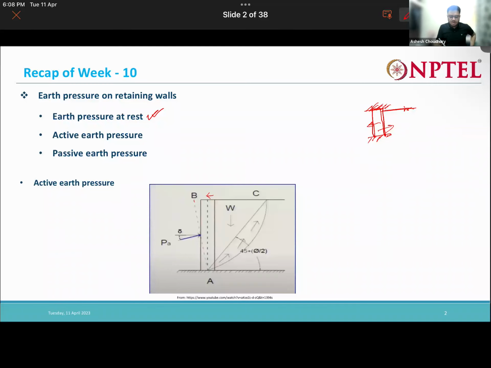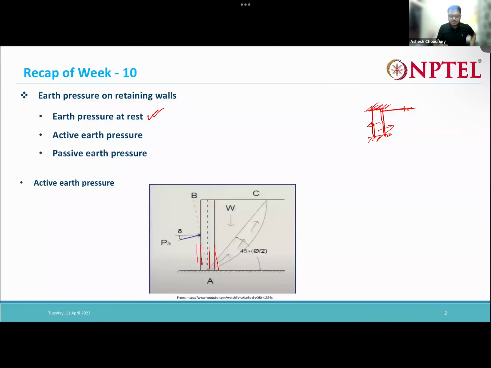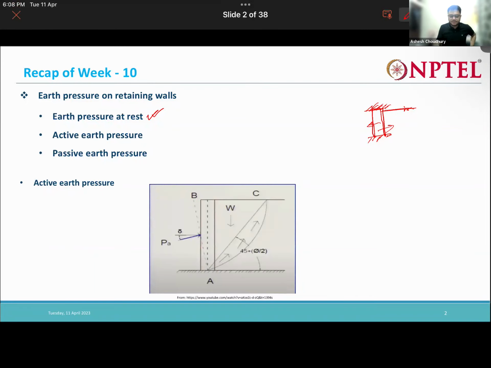Initially the wall was like this, now the wall may be like this, or it might slide here. Any of these things can happen. In those cases where the retaining wall is moving away from the backfill, whatever earth pressure develops is the active earth pressure.